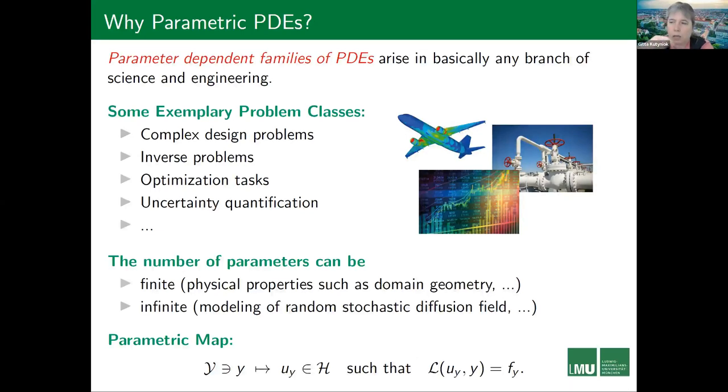Certainly what you aim for now is, for each parameter y, to compute the solution. That's called the parametric map. You have a parameter, and for that parameter, you want to compute the corresponding solution. And this you might need to do multiple times, which then creates its own problem.